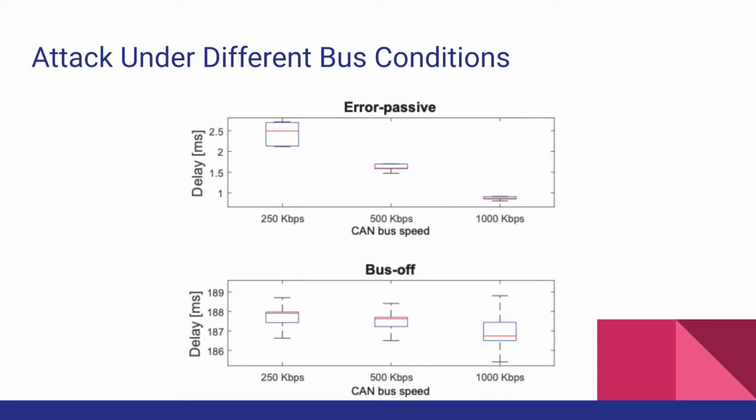This makes sense because if a bus is operating at a faster speed, meaning the transmissions are happening quicker, then the victim has more opportunities to retry sending its messages after it reaches error passive mode, thus allowing the adversary to step in and trigger the attack and take advantage of the vulnerability just as quickly.